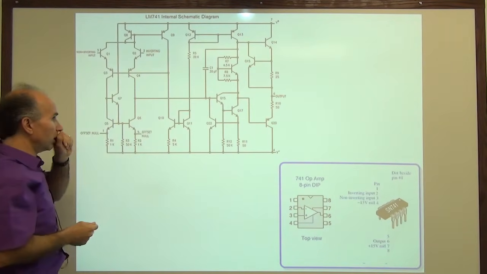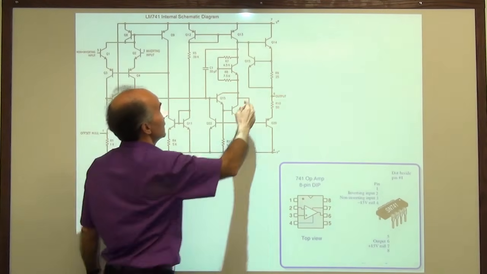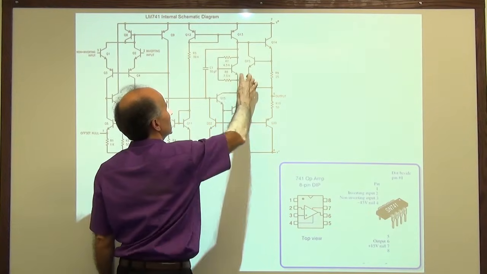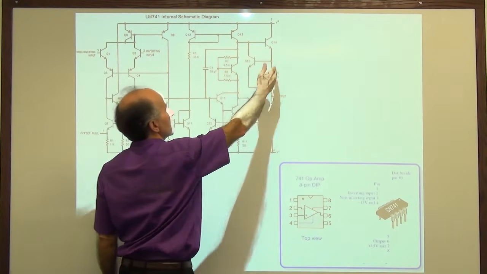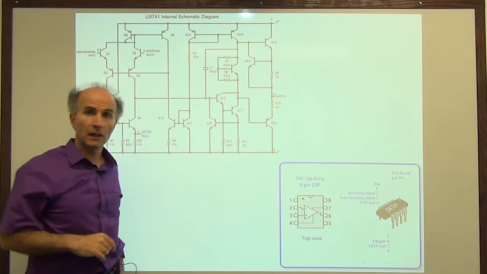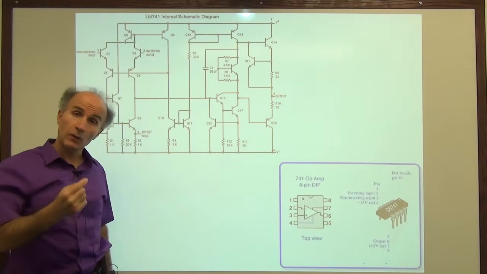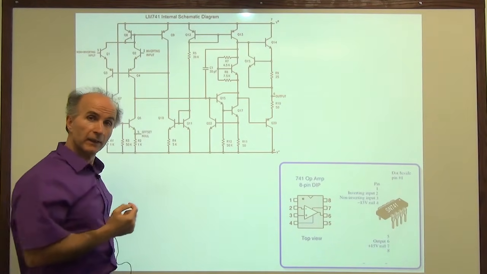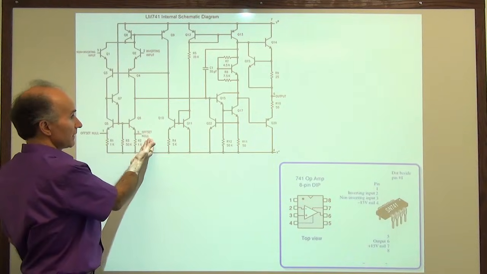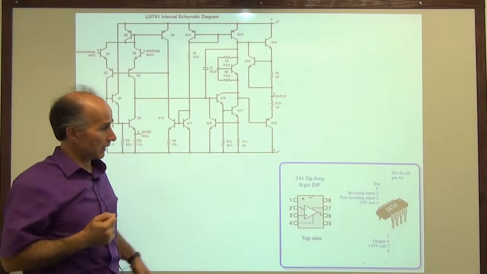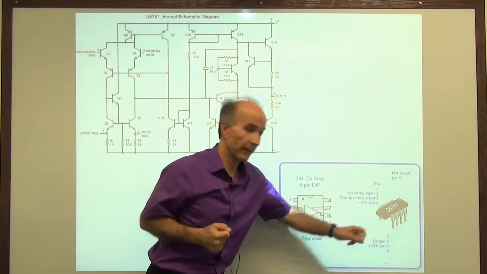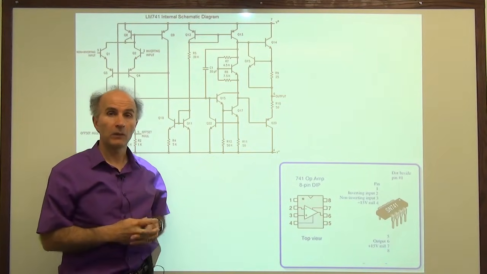Then we have some other structures here. We don't know what this is. Various types of topologies. So my point here is that we have this complex circuit inside this op-amp, inside this package. And we need to analyze it.